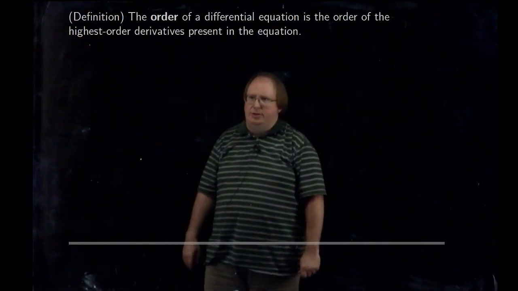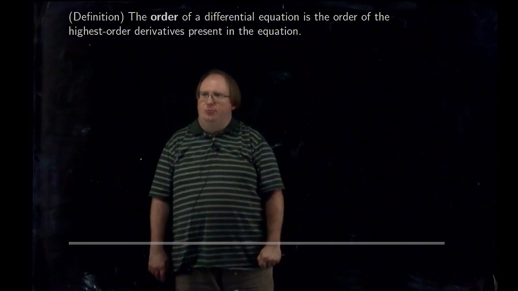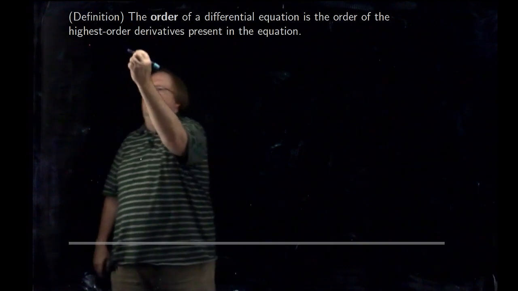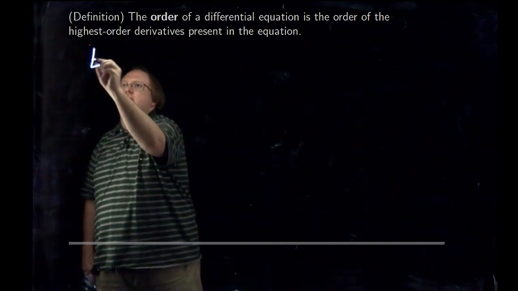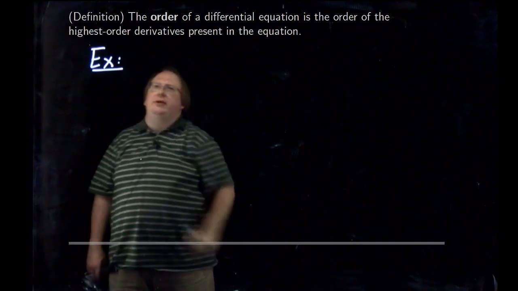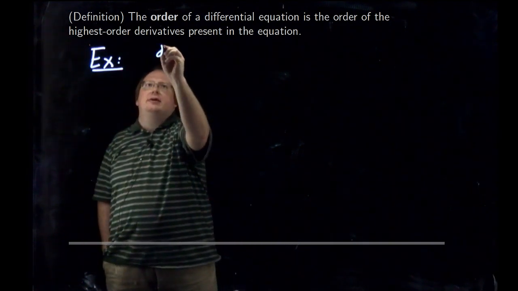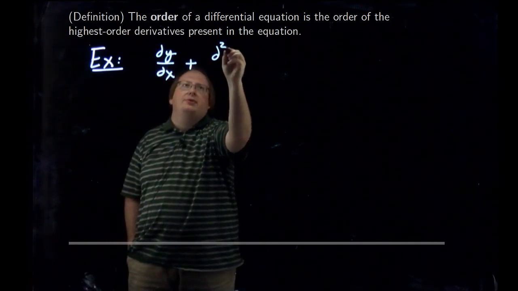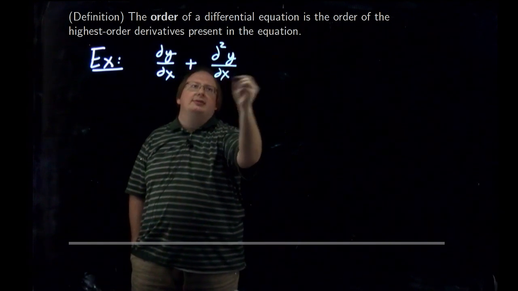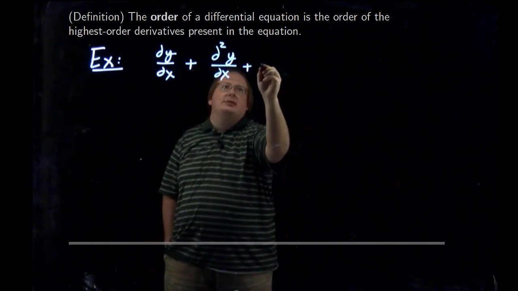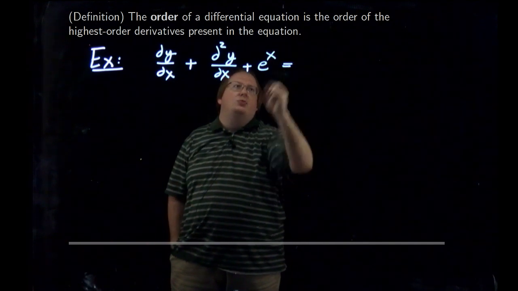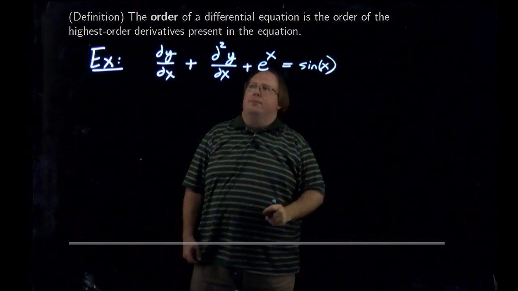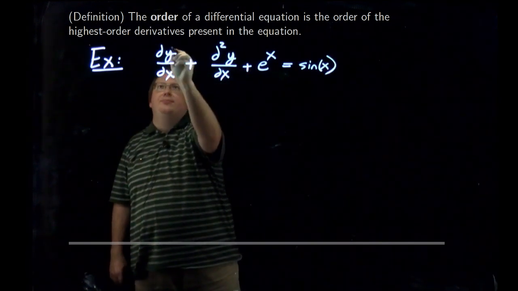The order of a differential equation is the order of the highest order derivative present in the equation. So let's do some examples really quickly. If I have a differential equation that's, say, dy over dx plus the second derivative of y with respect to x plus e to the x equals sine of x, for example, we look at each term.